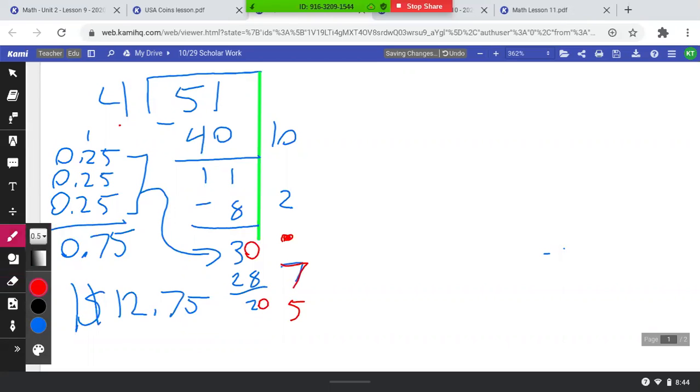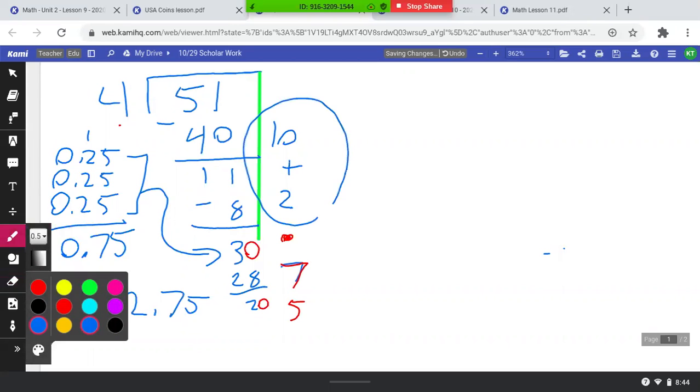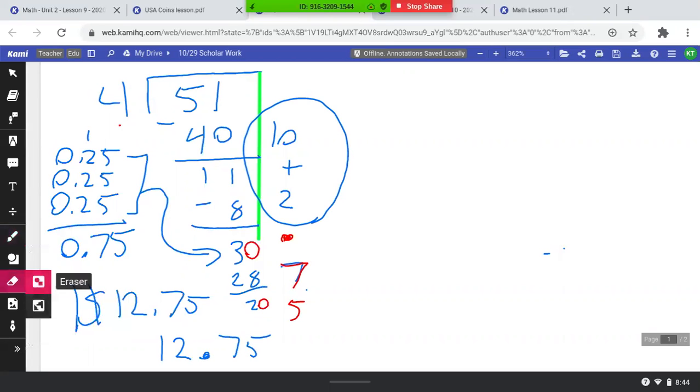So what you are going to do is add the parts above the decimal, and we're going to get 12 and 75 hundredths. But don't add 7 and 5. Just take them as they are and translate them. Okay, that's how you do the division method.